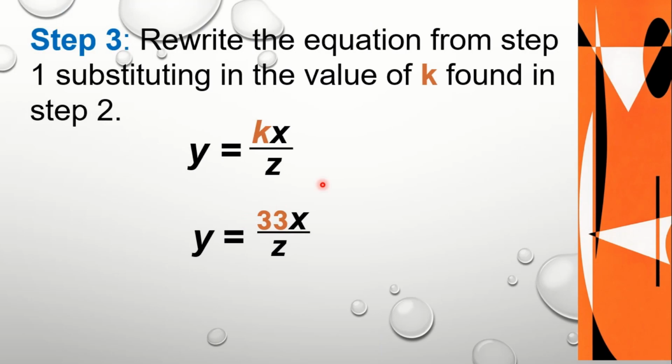So rewrite the equation from step 1, substituting the value of k found in step 2. So we use the equation y is equal to k times x over z. Since our value of k is equal to 33, the equation now is y is equal to 33 times x over z.